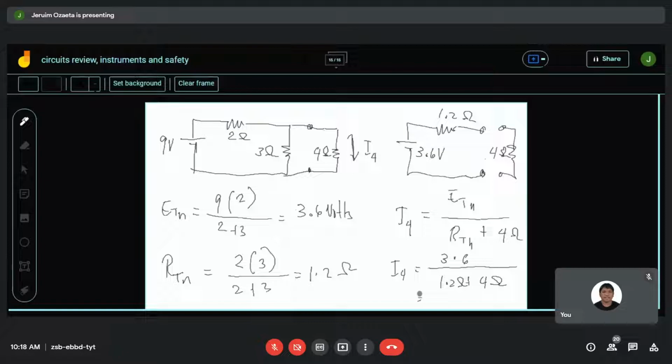That's equal to 3.6 over 5.2. It's 0.69 amperes.